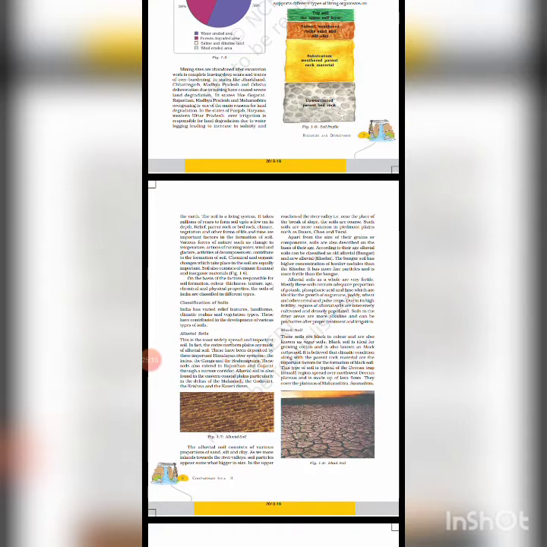The black soils are made up of extremely fine substances such as clayey material and are well known for their capacity to hold moisture. Black soil is nutrient rich and contains calcium carbonate, magnesium, potash, and lime.